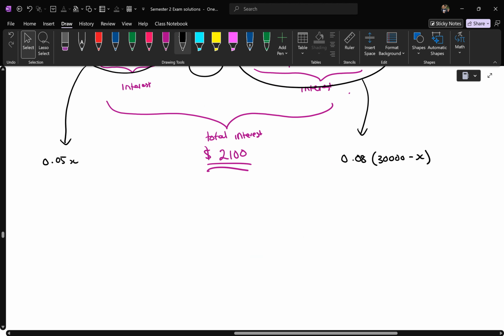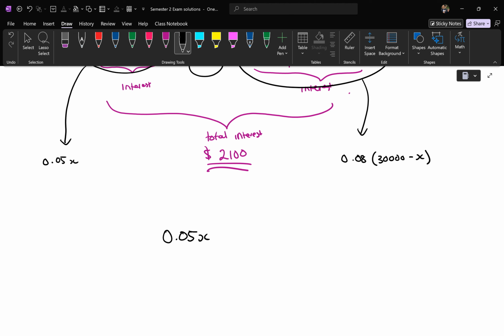So in one clear line, it's 0.05X plus 0.08 of the remaining amount, 30,000 minus X, and that sum of total interests should give me 2,100.